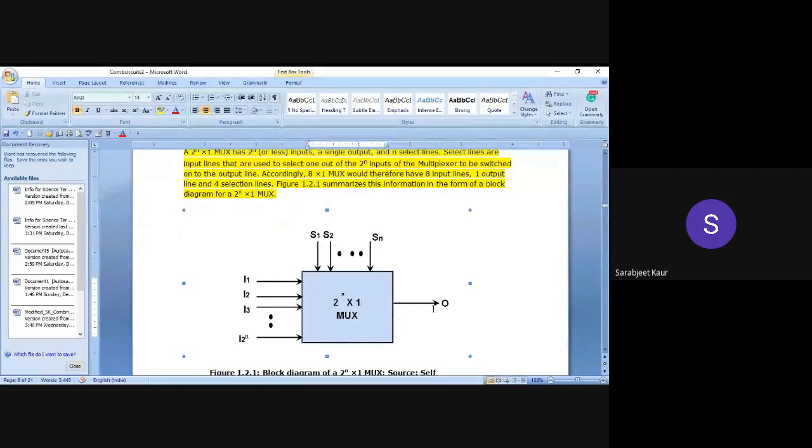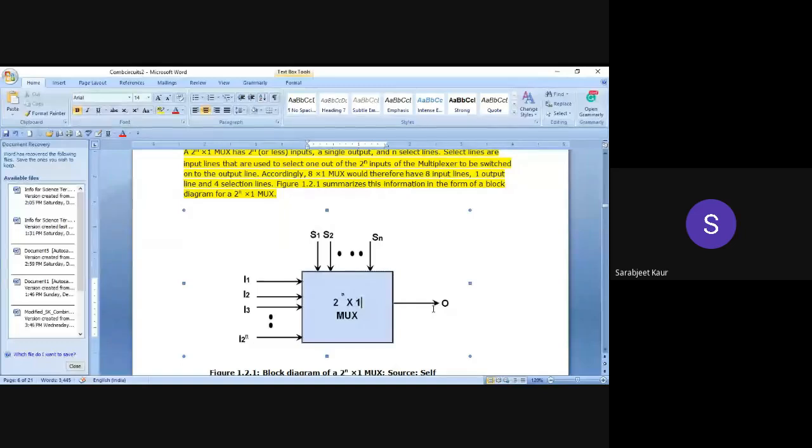Ma'am, one for each input line. But there are 2 raised to the power of n input lines. Then why are you saying n select lines? You should have said 2 raised to the power of n selection lines. Ma'am, I think their address bits will be in n.